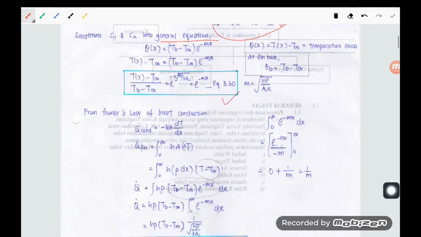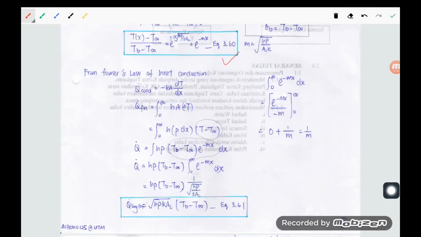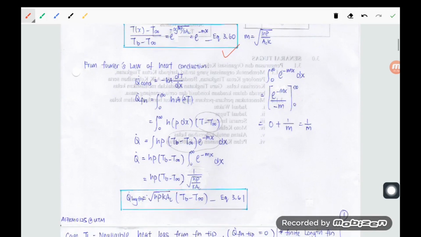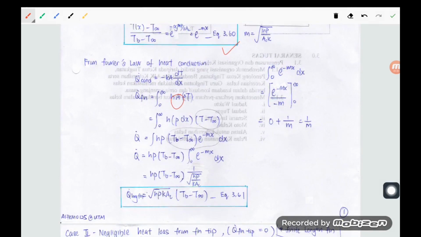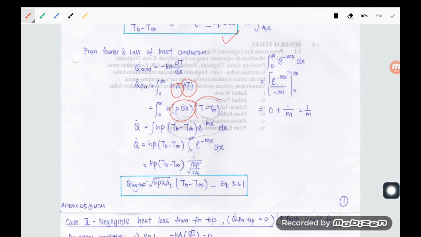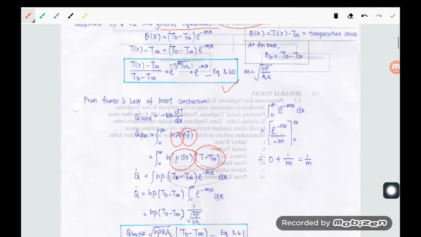From the first law of heat conservation, we know that the integral of h dA delta T is equal to the heat rate. The dA is P dS. The T infinity is this one. We get it from here, and we substitute this equation into here.